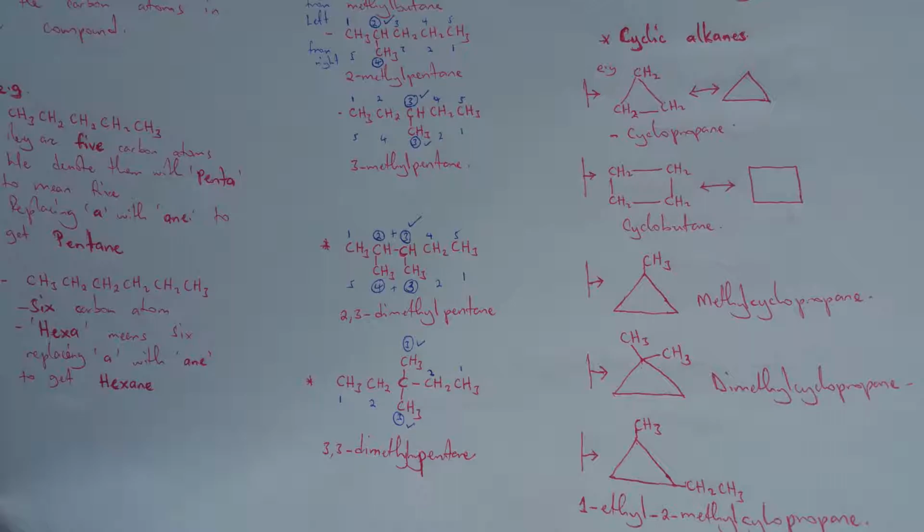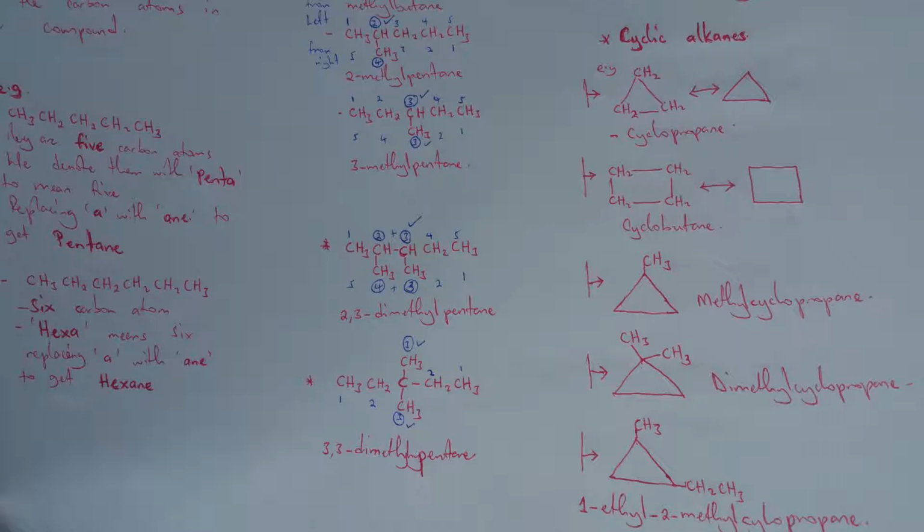Assuming now they are not both methyl, one is a methyl, another one is an ethyl, still you do it the same way. Ethyl comes first, so you say 3-ethyl-3-methylpentane. So that's how we name such alkanes which are branched, and so on.